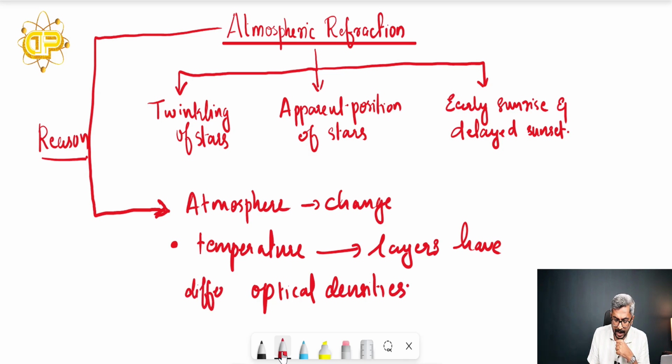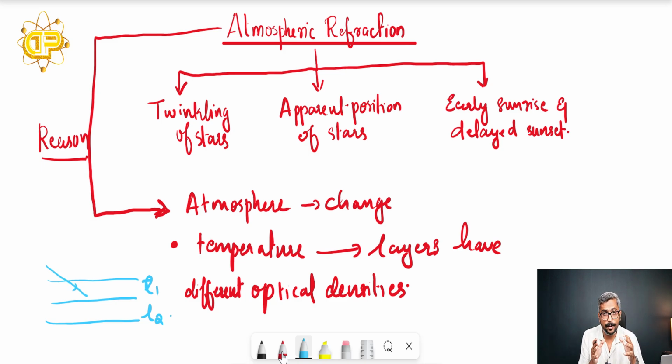Different layers having different optical densities means the refraction takes place at different levels. If this is my atmosphere, made of different layers, and let this layer be L1 and this layer be L2, then if the light is coming from L1 to L2, as they have different optical densities, the light refracts continuously.